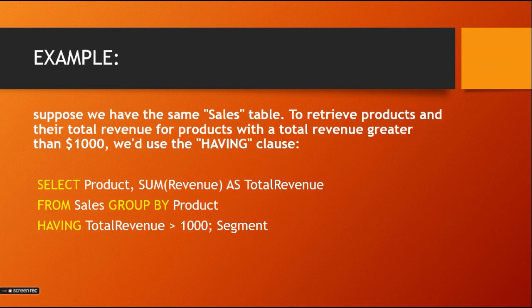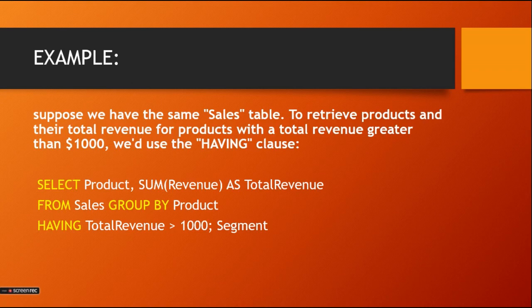In this example, suppose we have the same sales table as in the WHERE clause example, and we want to retrieve the products and their revenue for products with a total revenue greater than $1,000. So we use the HAVING clause for that. What is our query?